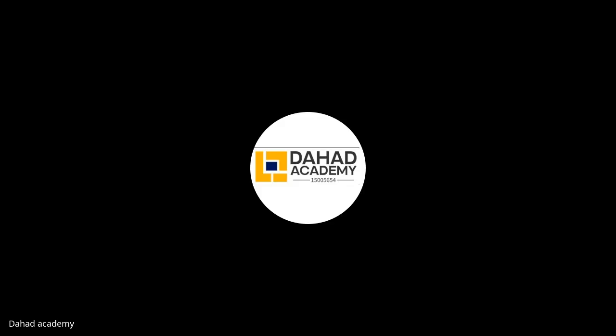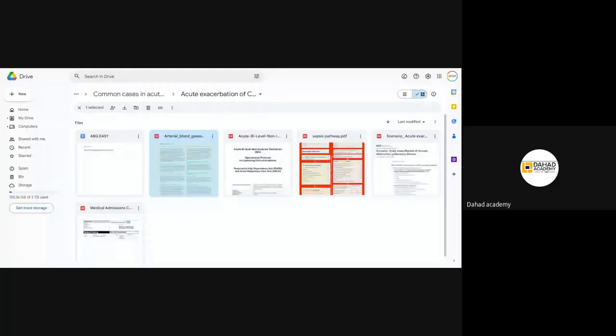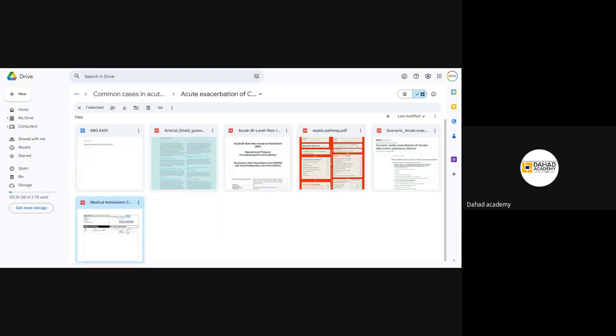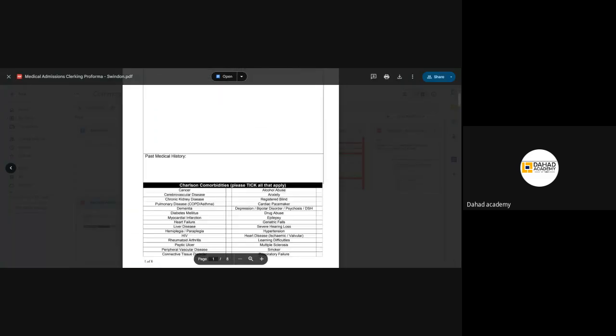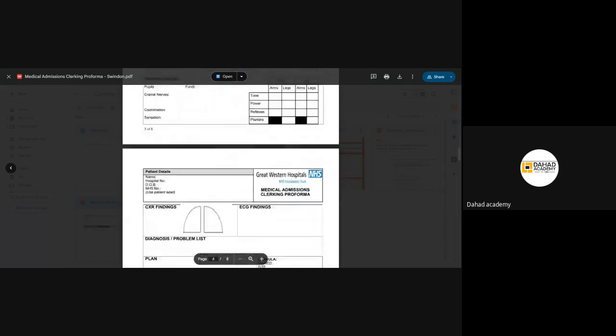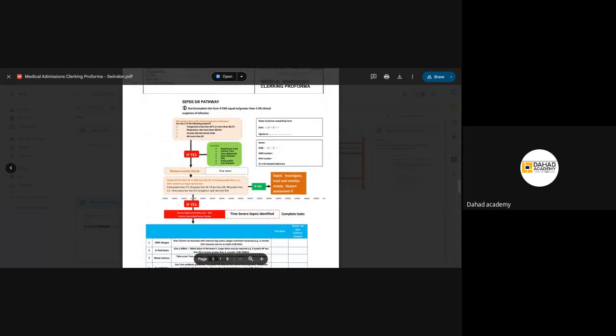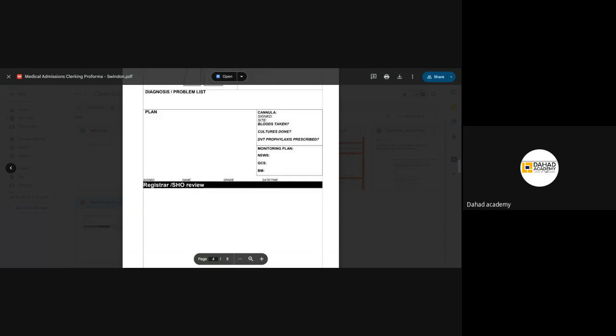I'll stop here and go back to the clerking sheet, because we are talking about the clerking here. I'll share this with you. What we need to do now is mention the plan.